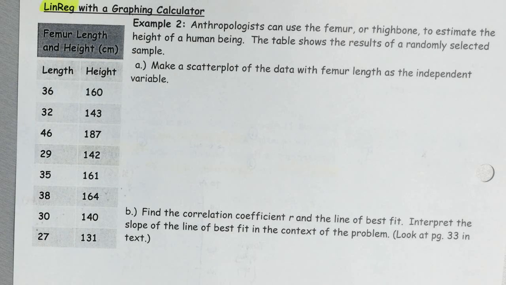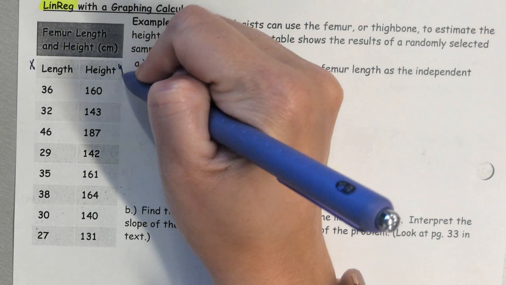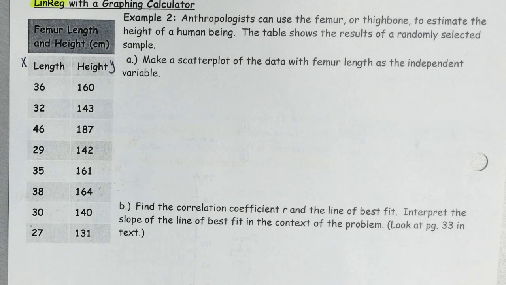So that means in our chart, the length is going to be the x, the height is going to be the y. So this is my x, this is my y. Again, we are not doing this by hand. I'm going to show you how you can use your graphing calculator to do this.